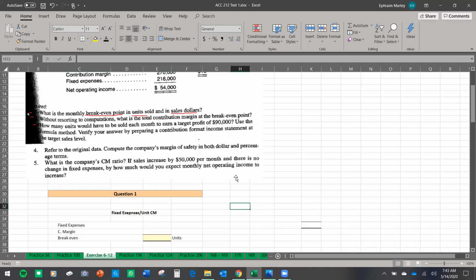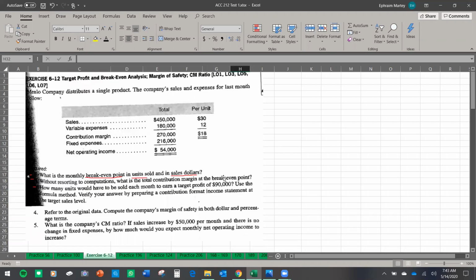Okay, so break even, when we talk about break even, break even is how much sales will give us a profit of 0. That means whatever we sell, we need to be able to take care of our variable expenses and then take care of our fixed expenses, and our profit will be 0.